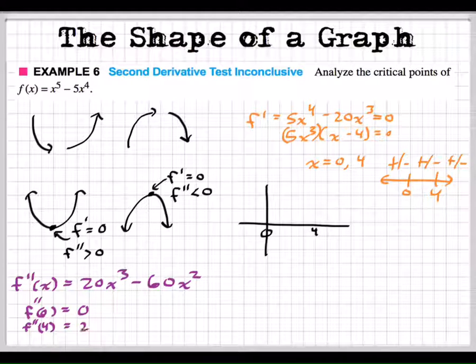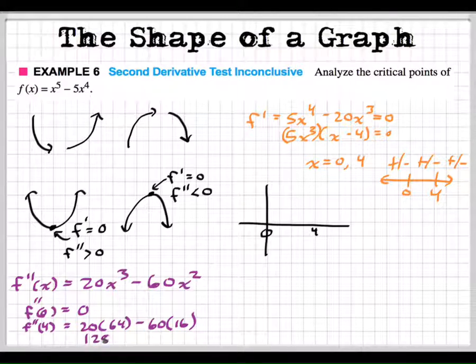We get 20 times 4 to the 3rd power, which is 64, minus 60 times 16. Those are big numbers. Is that going to be a positive or negative number? So this is 1,280, and what is 60 times 16? 960. Okay, and is that positive or negative? This is positive. Positive number.